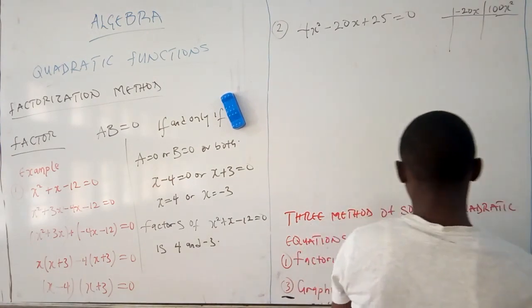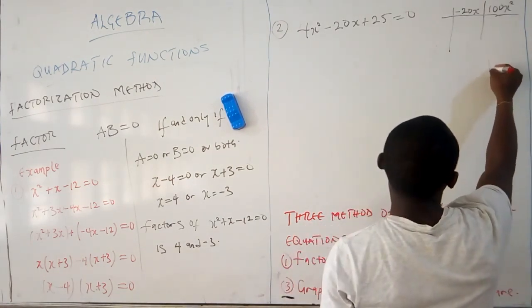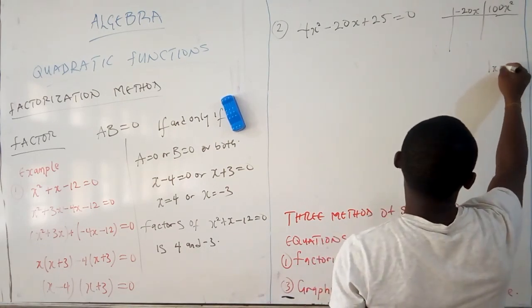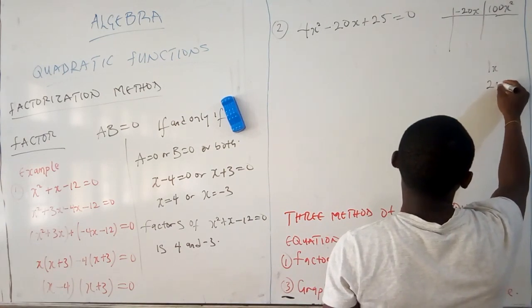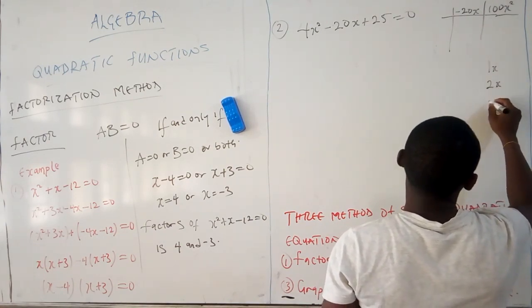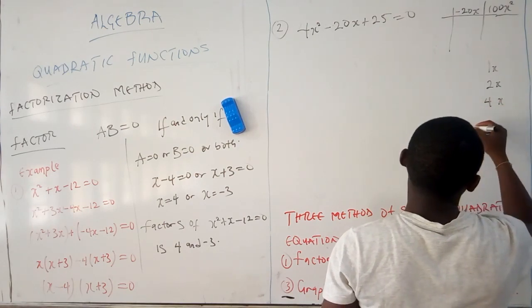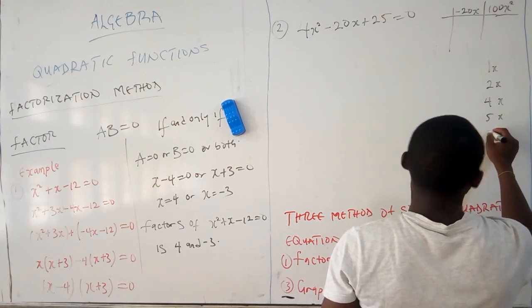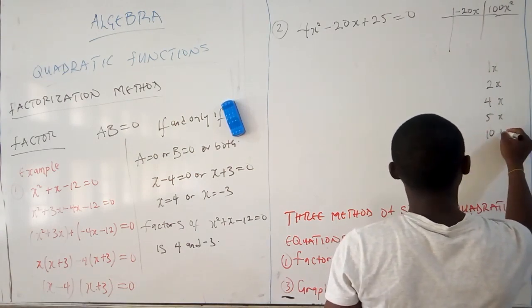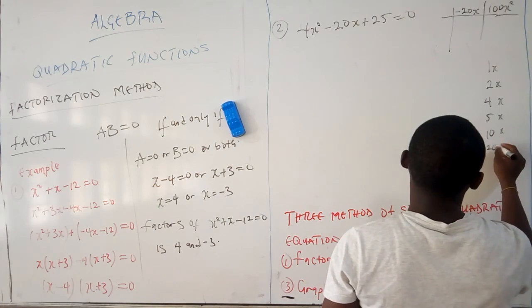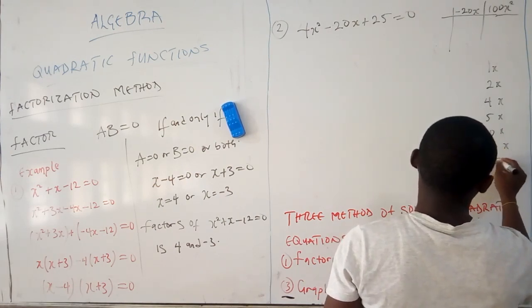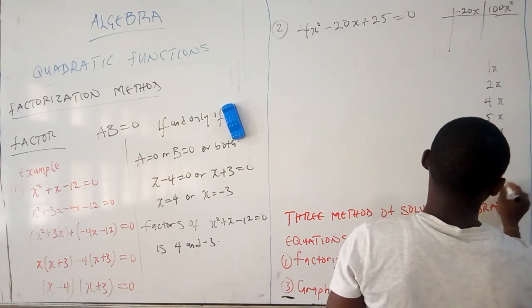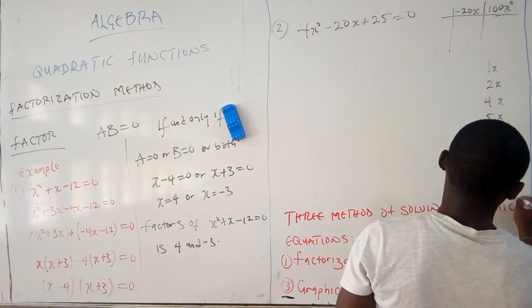So what are the factors of 100? They are 1, 2, 4, 5, 10, 20, 25, 50, and 100.